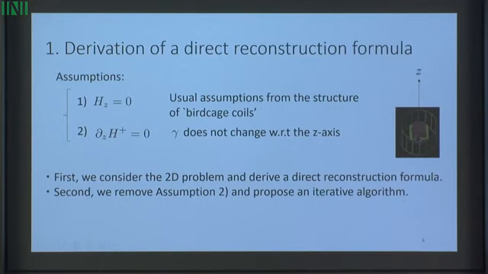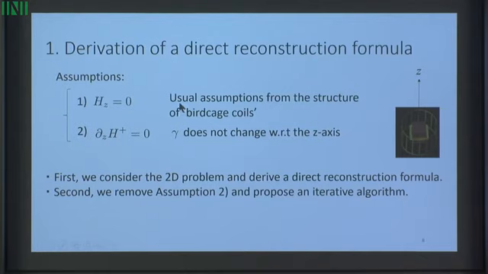It is long along the Z-axis. So by applying alternating current into this coil, the generated magnetic field is almost parallel to the XY plane, from which we can neglect the Z component of the magnetic field. This is the usual assumption from the structure of the birdcage coil.